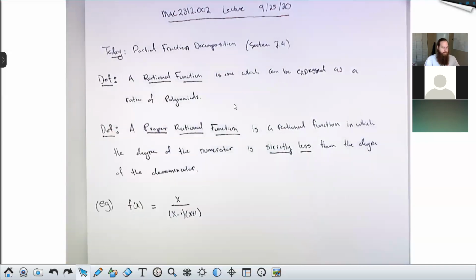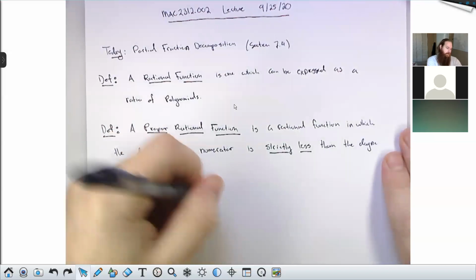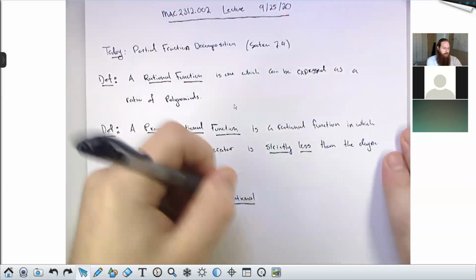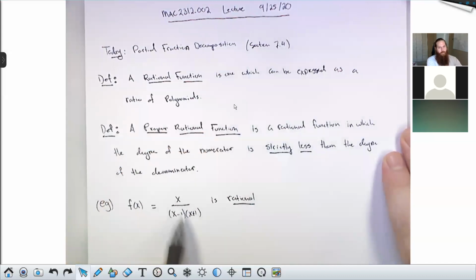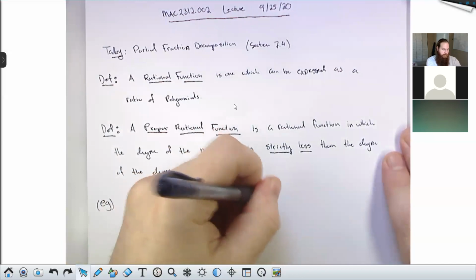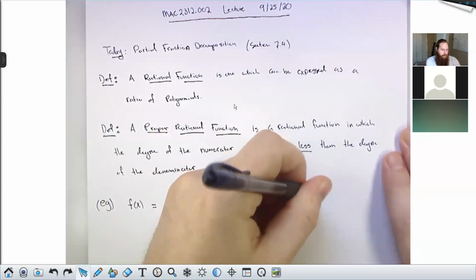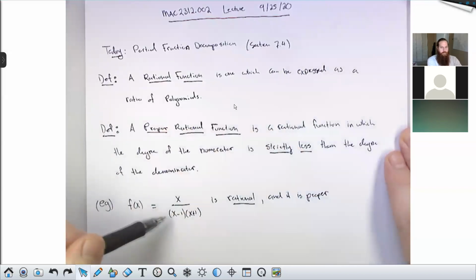This is a rational function, because the top and bottom are both polynomials. And it is proper, because the degree of the bottom is 2, and the degree of the top is 1.